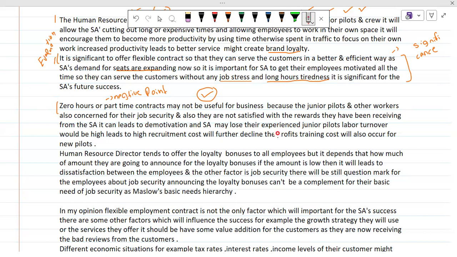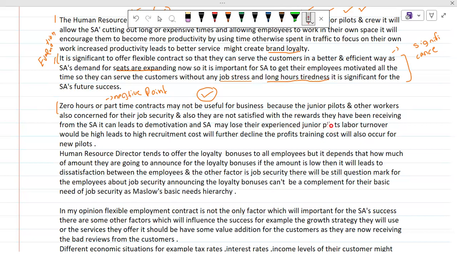Here you can see that this is also our application and our analysis point, because we have seen in our case study that the director of HR is afraid that he might lose his junior pilots. And this is also your analysis point, because if they are demotivated, it means that SA would lose its experienced junior pilots.